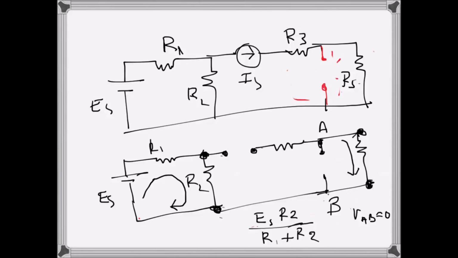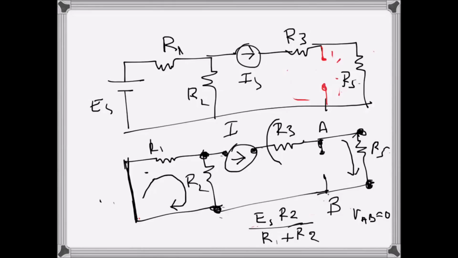Now when the current source comes, I will just do it here instead of redrawing it. So this is now short circuit and the current source is staying there. Now we want to find the open circuit voltage due to the current source. Since it's a current source, we already know the current through R5, and that will be just IS.